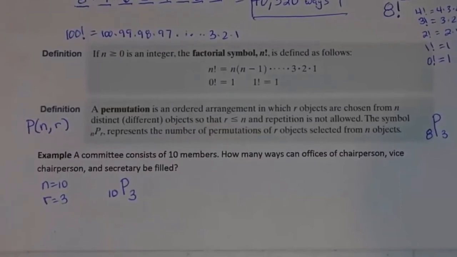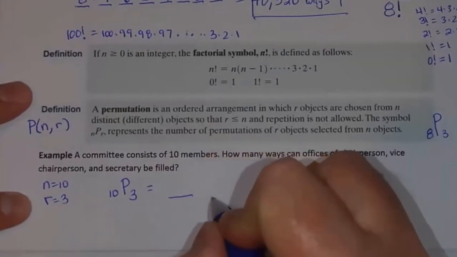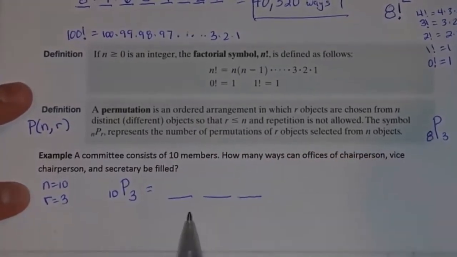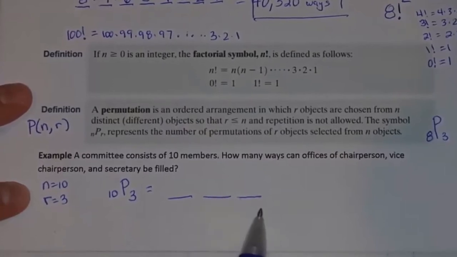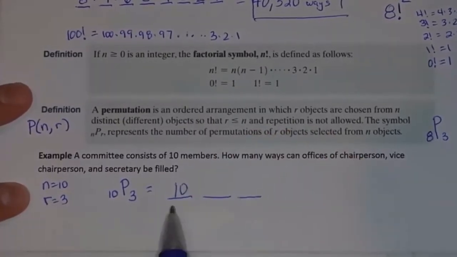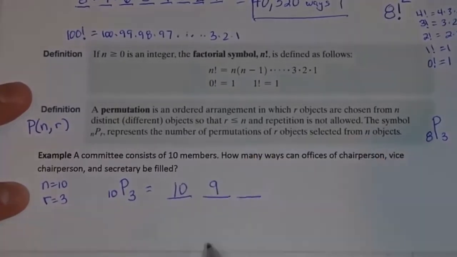Now, we can calculate this permutation a couple of different ways. I'm going to give you a formula in just a minute. I'm picking 3 individuals. For the first individual, the chair, there would be 10 people to pick from. After the chair has been picked, for the vice chair there are only 9 people left to pick from.